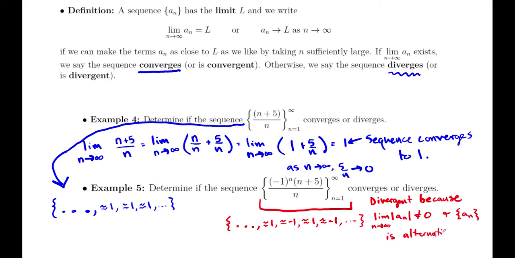Something we can hang our hat on here is that if our sequence is alternating, the only way you're going to get a convergent sequence is if the absolute values go to 0.